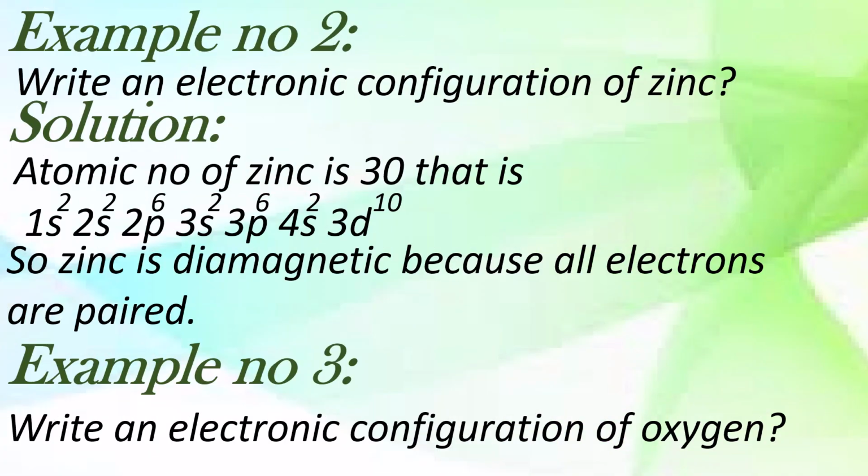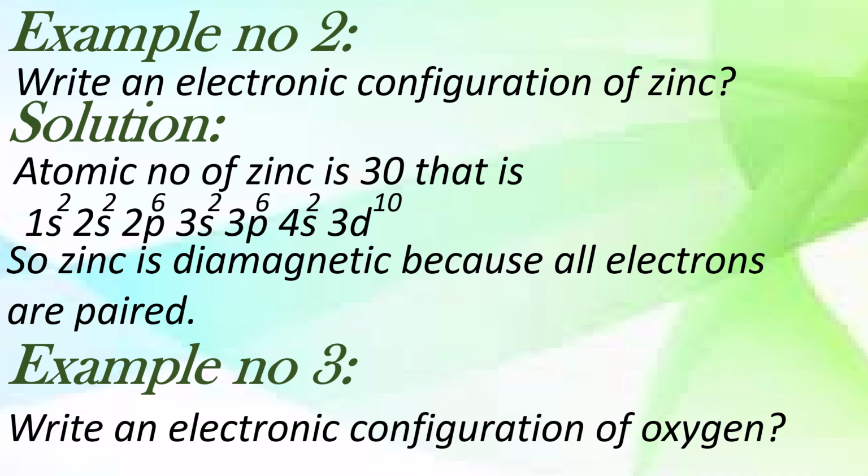Example number 2. Write an electronic configuration of zinc. Zinc is also a transition metal. Solution. Atomic number of zinc is 30. First we will write orbitals according to the Aufbau principle: 1s, 2s, 2p, 3s, 3p, 4s, 3d, and so on.